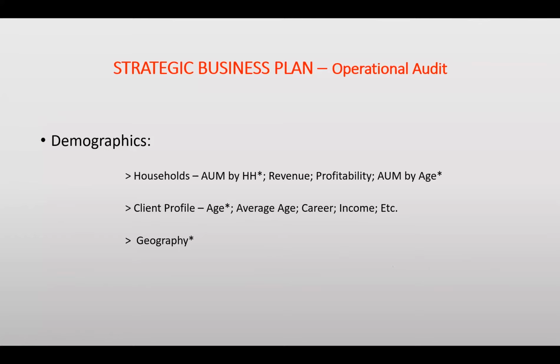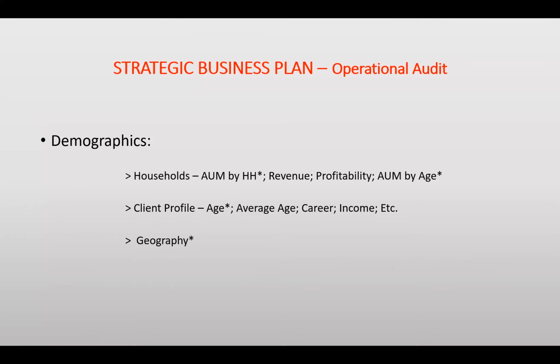Okay, the third area is the demographics. Hard to change, but not impossible. But you should be aware of it, and this is all part of the management information that I was talking about earlier.